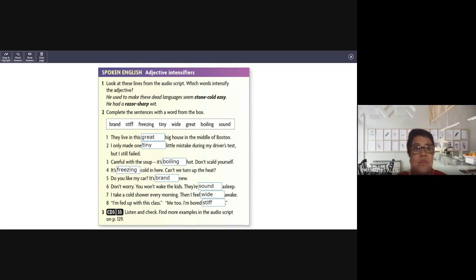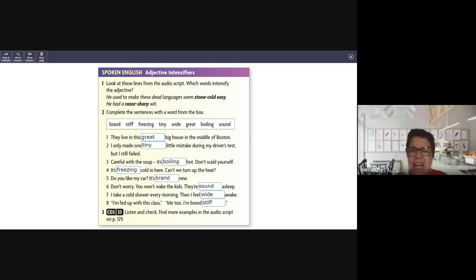Yes, it has to do with when you have a stiff neck, you have that problem that you cannot turn your neck to the side because it hurts. You know, remember when you sleep in a bad position and you wake up with a stiff neck.